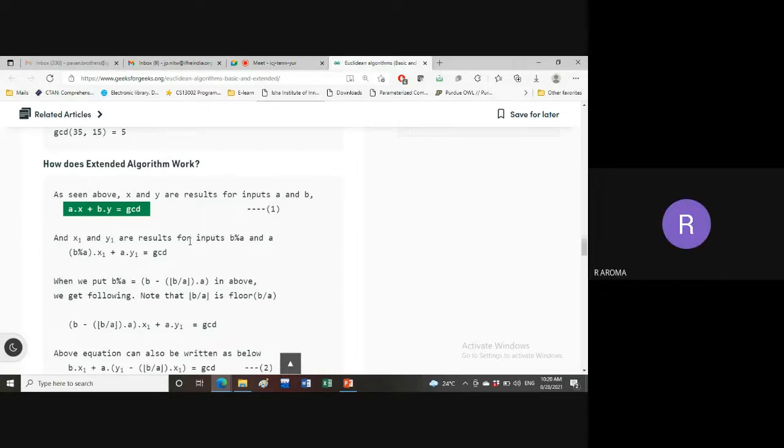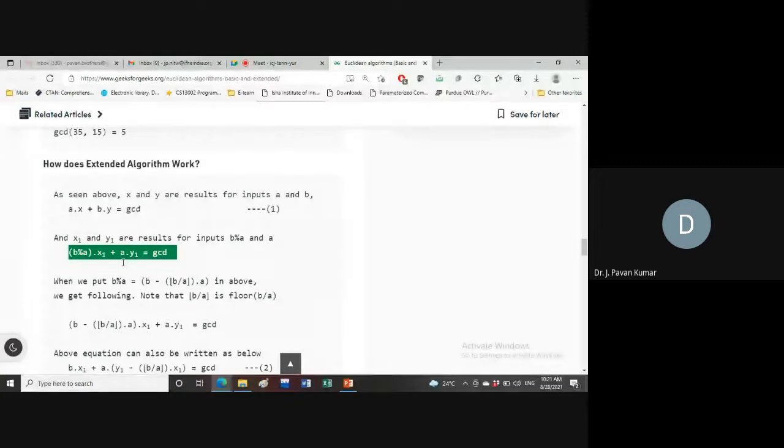Now, based upon the previous results, this a can be changed to b mod a, and this b can be changed to a. By using these two, we can obtain this one, right? Why? Because GCD of a comma b is nothing but GCD of b mod a comma a, which we have seen earlier.